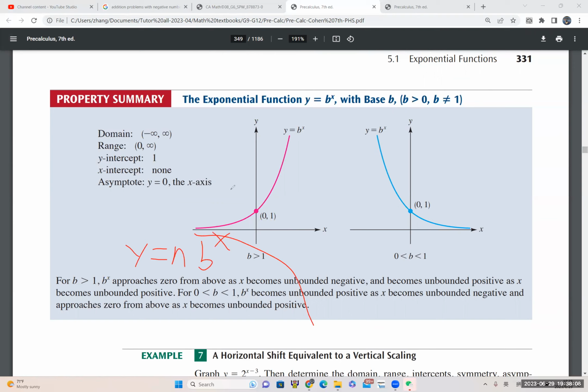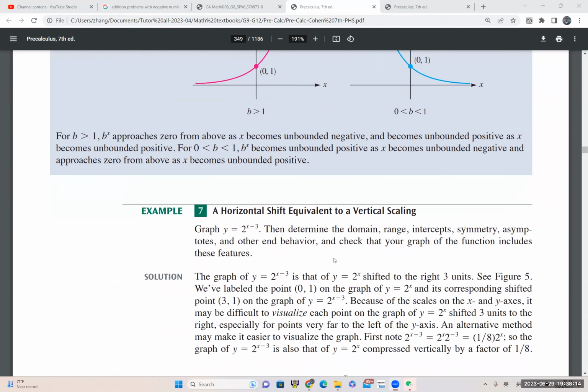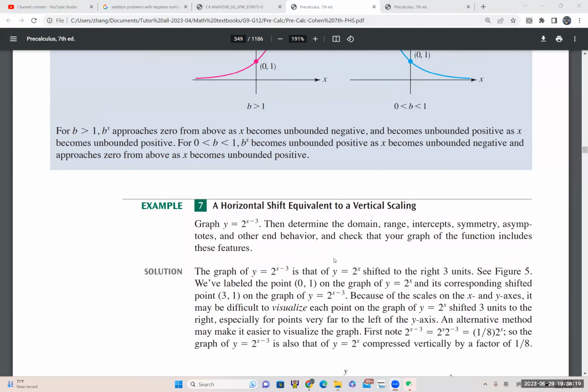Because you multiply by a negative number. Horizontal shift.